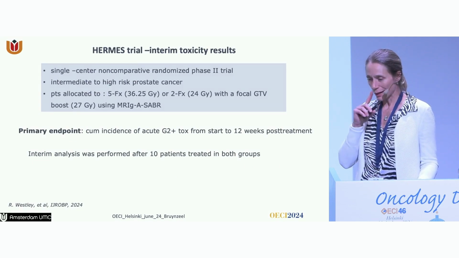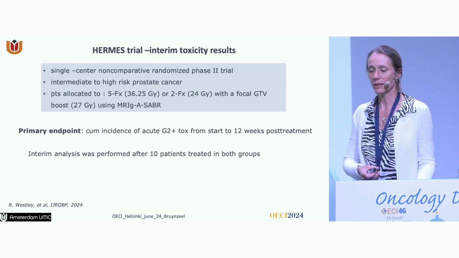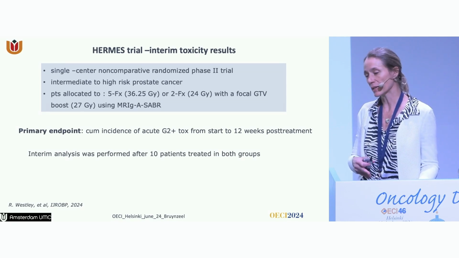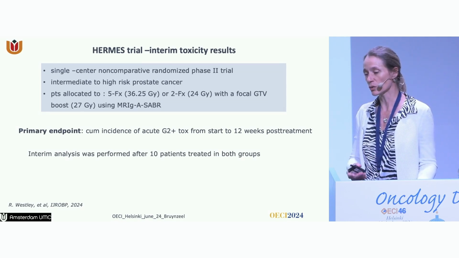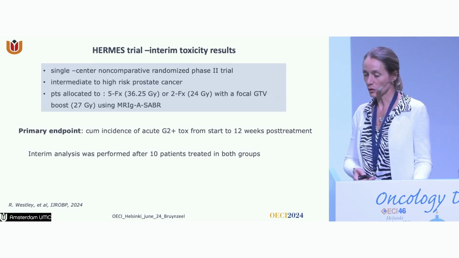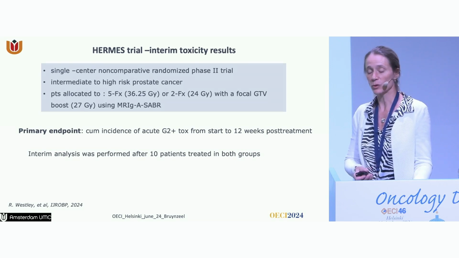And I would also like to mention the HERMES trial. This is a single-center study in intermediate to high-risk prostate cancer patients, and patients are allocated to a 5-fraction scheme or a 2-fraction scheme with a focal boost using MR-guided adaptive SABR. And the primary endpoint is the cumulative incidence of grade 2 or greater toxicity from start to 12 weeks post-treatment.